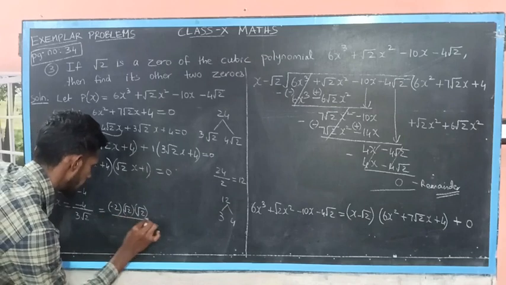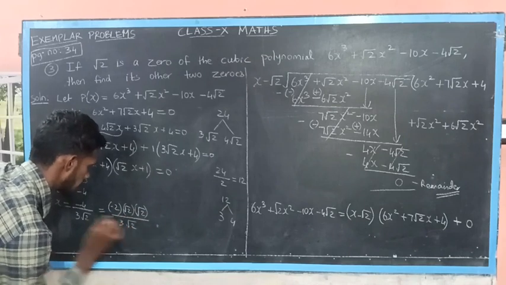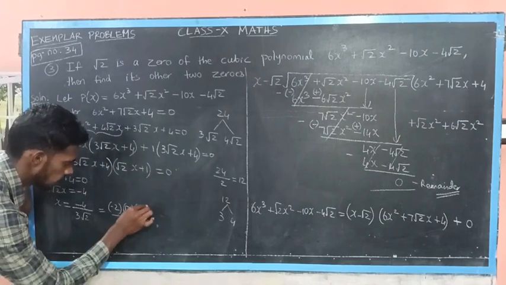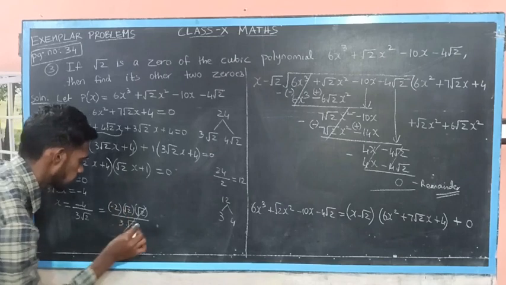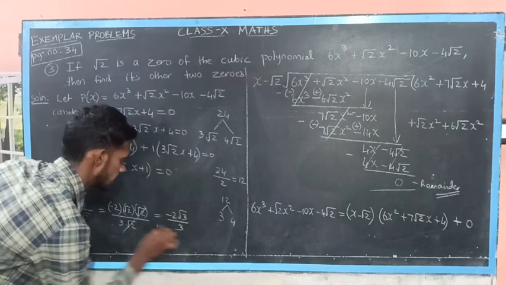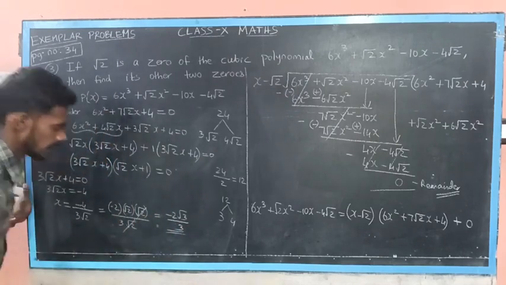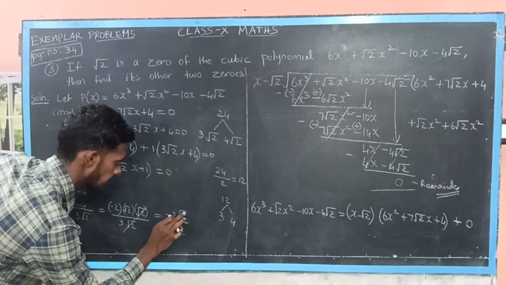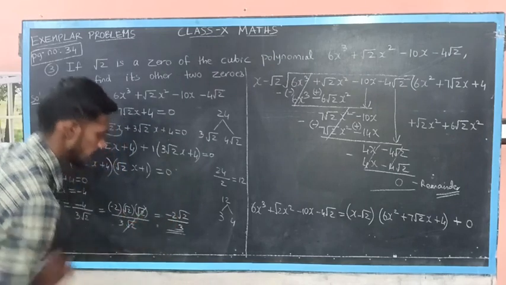Okay. Then 3 root 2 stays the same. So root 2 gets cancelled, and we will be getting minus 2 root 2 by 3. Okay. So one of the zeros is minus 2 root 2 by 3.